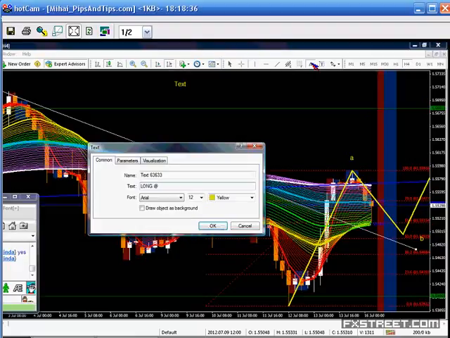Okay, so let me just mention these two setups and mark them down here. First will be a long at, let's say, 5525 to 54.90.